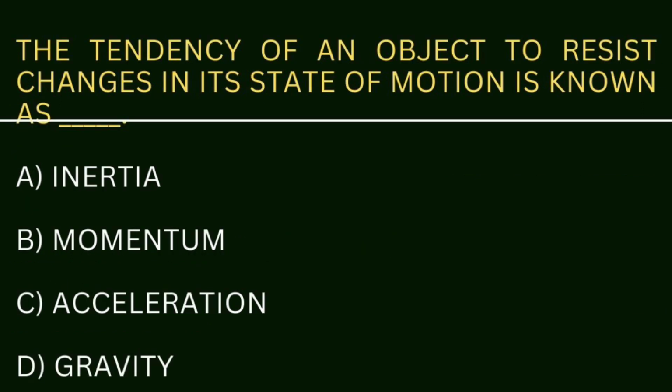The tendency of an object to resist changes in its state of motion is known as option A, inertia.